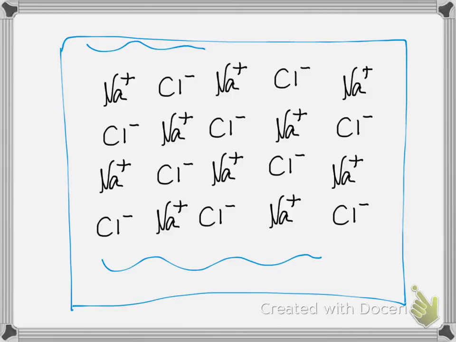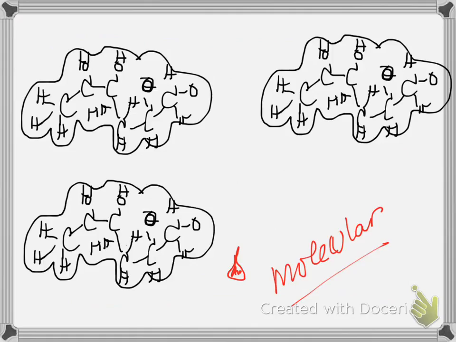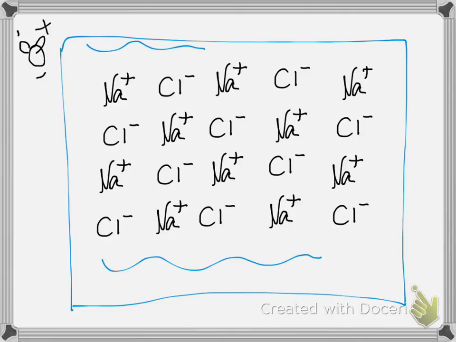We've got our little Mickey with his little positive ears and his little negative chin. Ring a bell? Covalent. It's covalent, but is it polar or nonpolar? Polar. It's a polar covalent compound, so it's got some areas of partial charge.